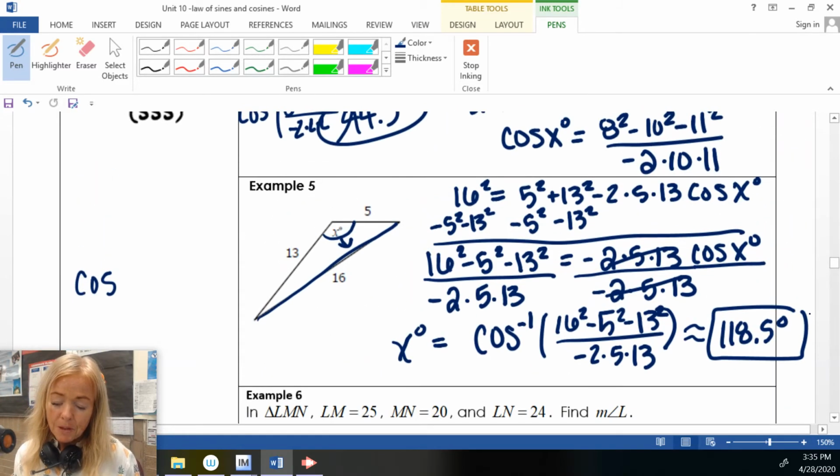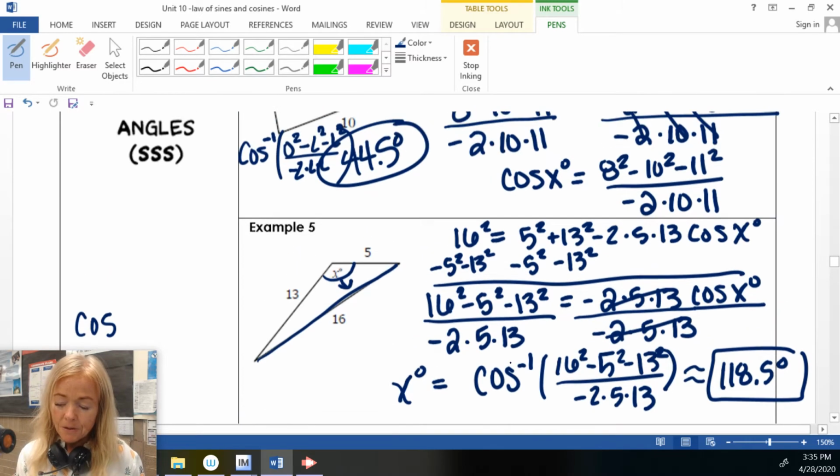So those are when you have side, side, side, you have to actually solve.